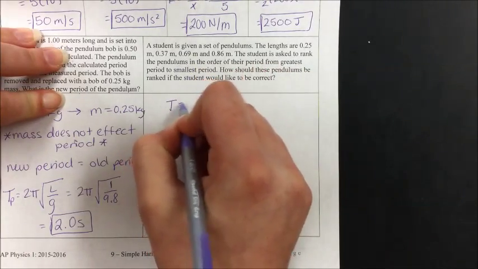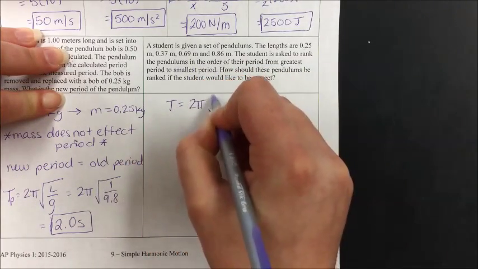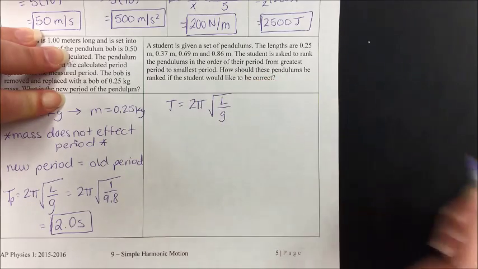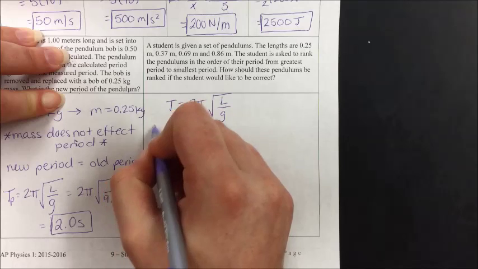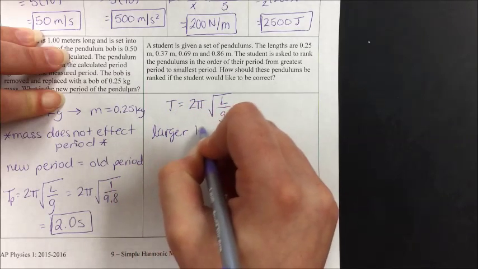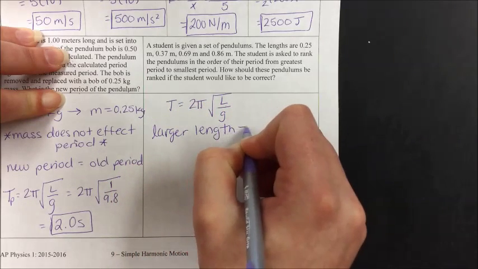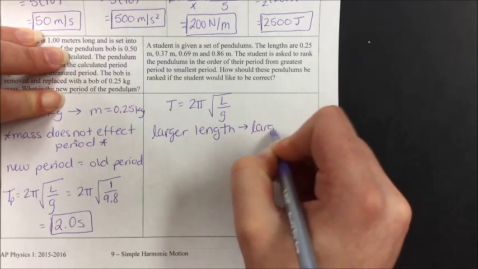So if we look at our formula again, it all comes back to the formula and the relationships there. The larger the length is going to get you the larger period.